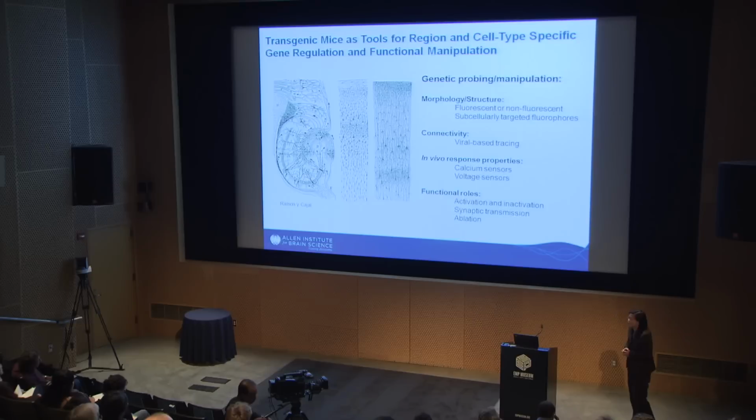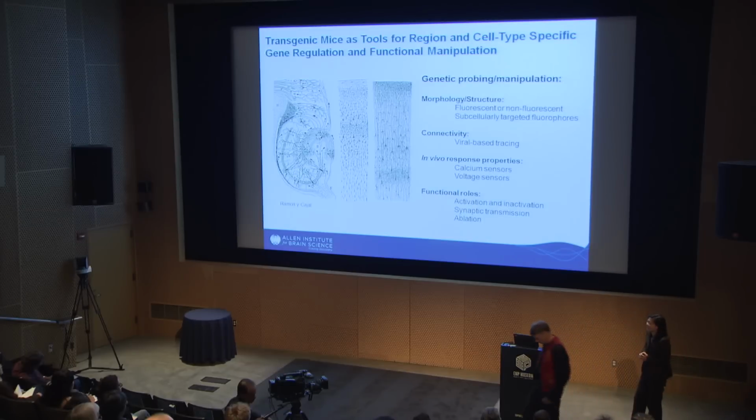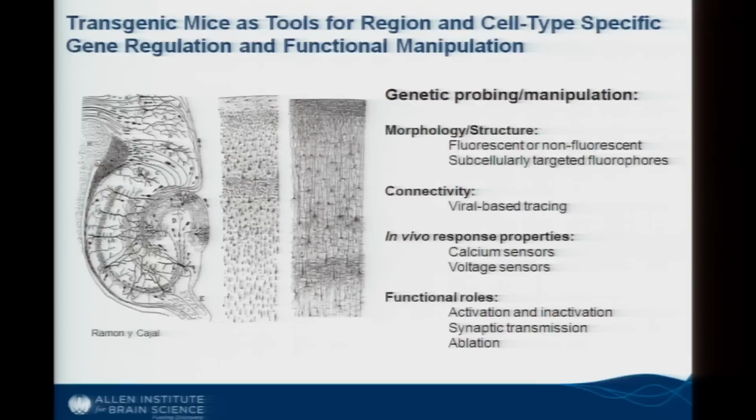So then, because of that, there's also no question that at this time, there's absolute need of having more and better genetic tools to be able to label and manipulate different kinds of cell types within the circuit.